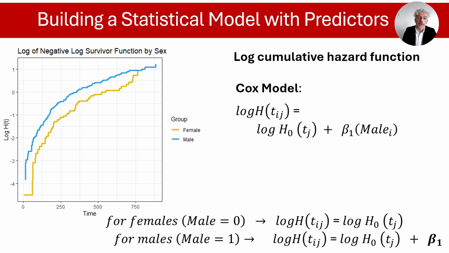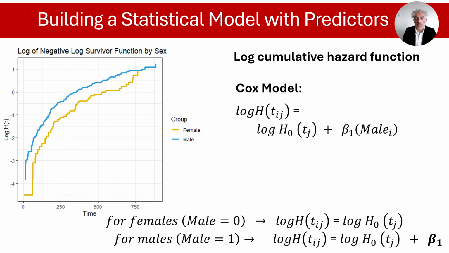Similarly to the discrete time example I presented in the introductory resources to survival analysis for the National Center for Research Methods, the strategy is to express the log cumulative hazard function as the sum of a baseline function and a weighted linear combination of predictors, in this case male.